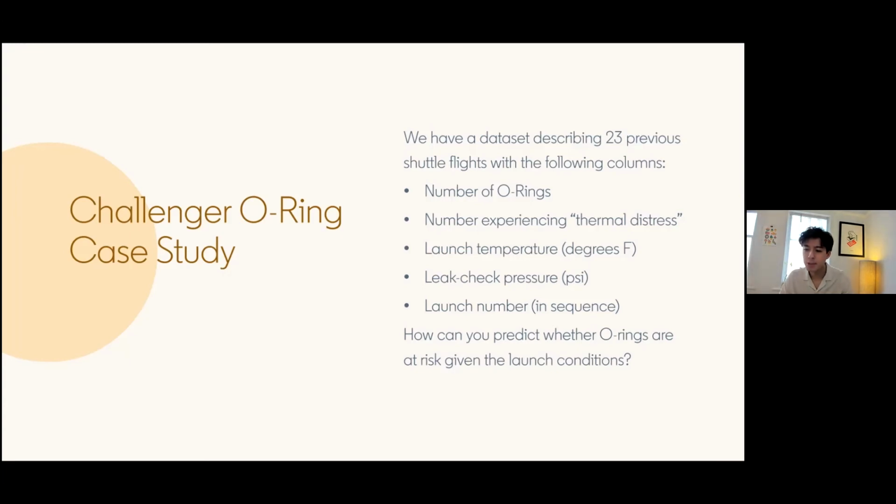Speaking of performance metrics, we want to think about what kinds of things we want to use to evaluate the quality of the model that we train, right? If we're thinking about this as a binary classification problem, then we should think about whether false positives or false negatives are more costly, right? Is it worse to predict that an O-ring will fail even though it doesn't? Or the opposite, is it worse to predict that an O-ring won't fail and then have it actually fail at launch time, right?